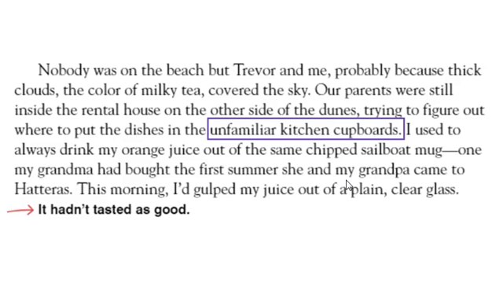The narrator describes the unfamiliar kitchen and then immediately mentions something familiar that she used to love about her vacations: the same chipped sailboat mug that she always used to use. It seems like the narrator is not experiencing the good old memories from past vacations. Why do you think the author uses the line, "It hadn't tasted as good," about the orange juice? Do you think the juice really tasted worse?